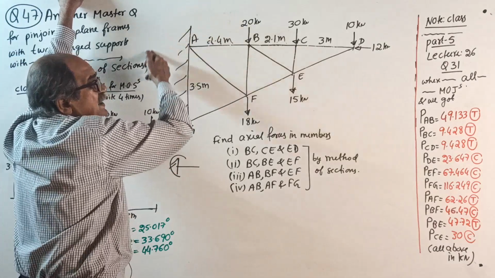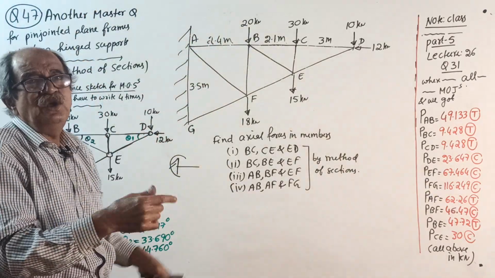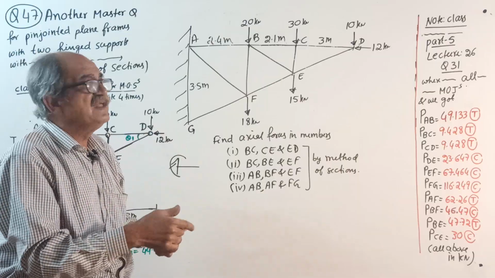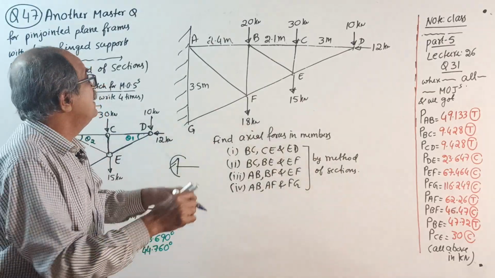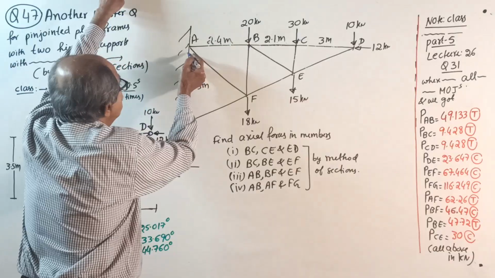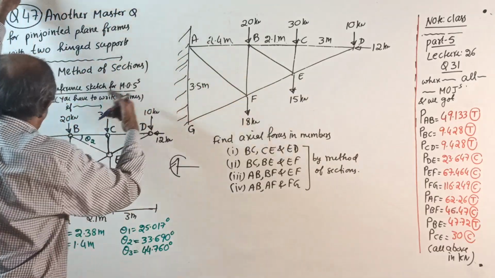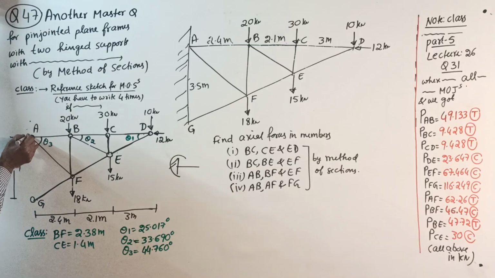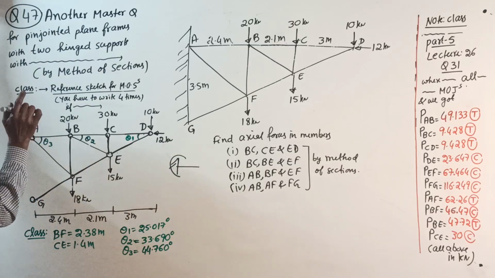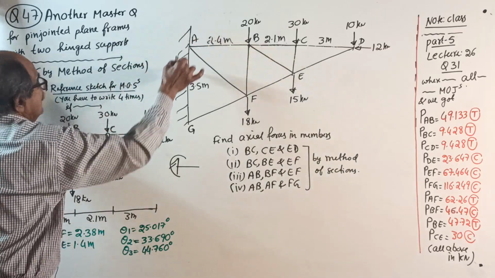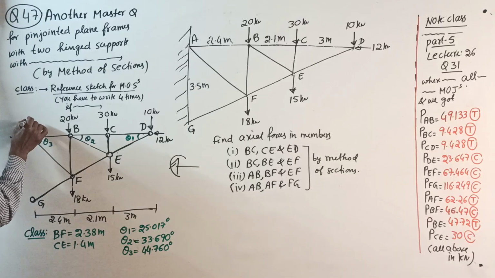So there is no reacting moment. A hinge has a vertical reaction and a horizontal reaction. Even if they give something like a fixed support, show a pin here, a pin here. Then, just to make them happy, do one thing.